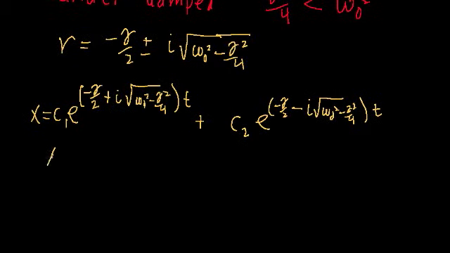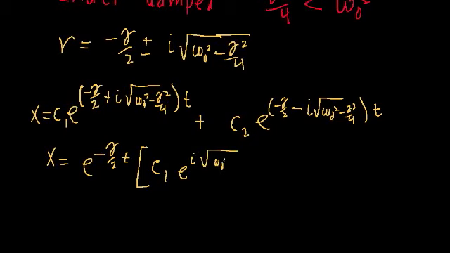And we can simplify it and get that x is equal to e to the negative gamma over 2t times c1 e to the i square root of omega naught squared minus gamma squared over 4 times time, plus c2 e to the negative i square root of omega naught squared minus gamma squared over 4 times time.